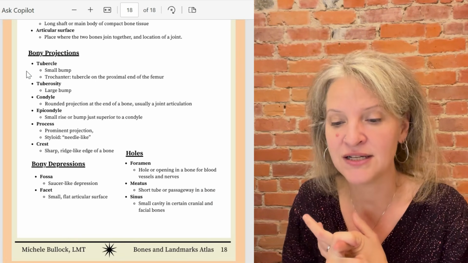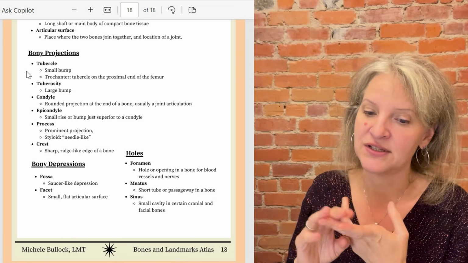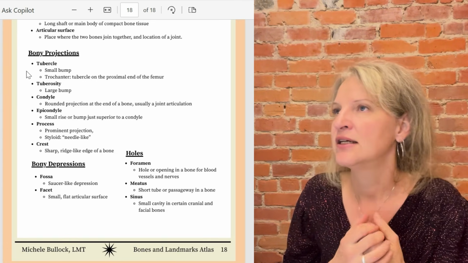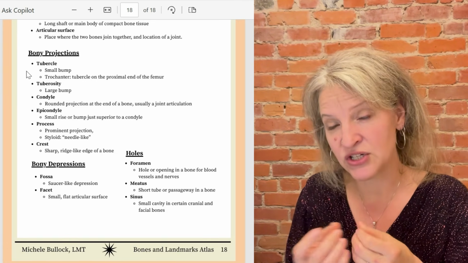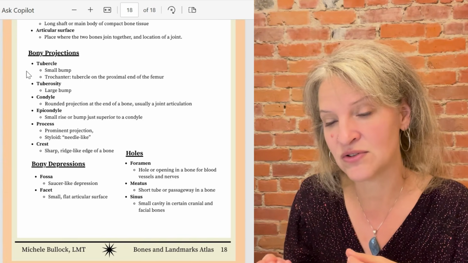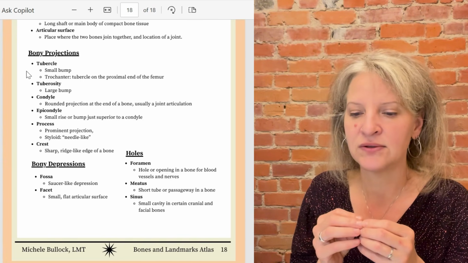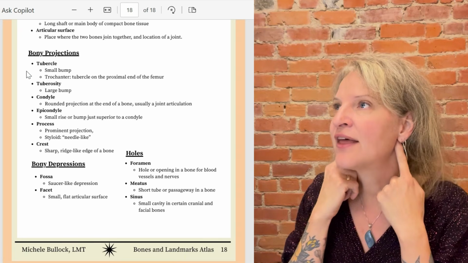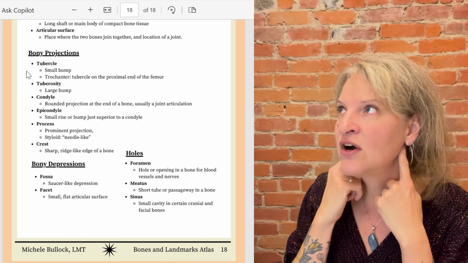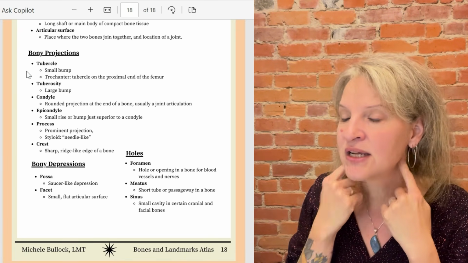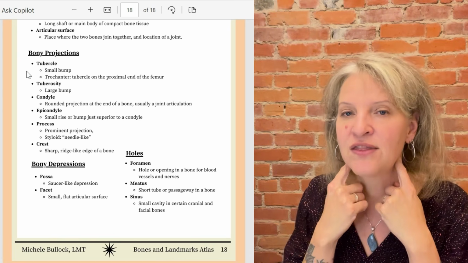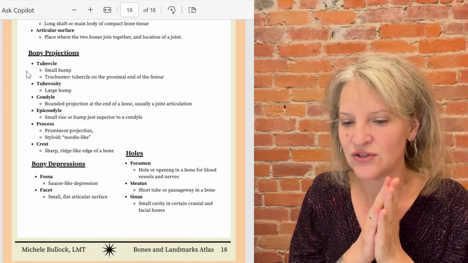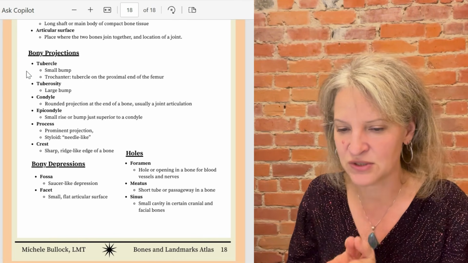And then a process, when we're talking about the styloid process or the olecranon process, it's like a bony projection, something that sticks out for the muscles to attach to. So the needle-like styloid processes, we have those sticking out of our temporal bone. There's a needle sticking out of there, and then we have two in our wrist on our ulna and radius. So needle-like projections for these processes.